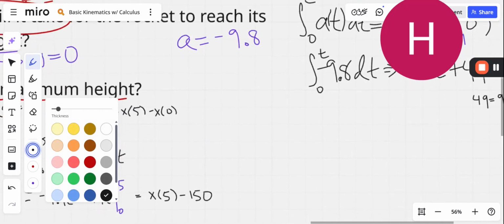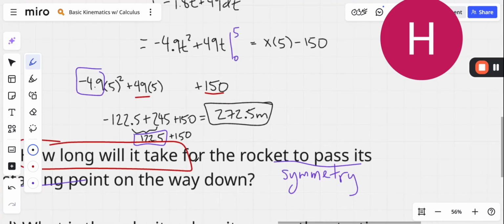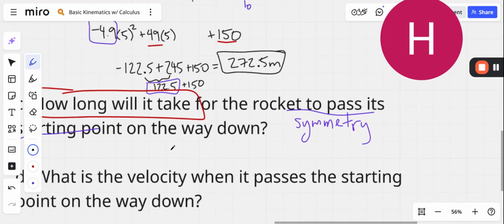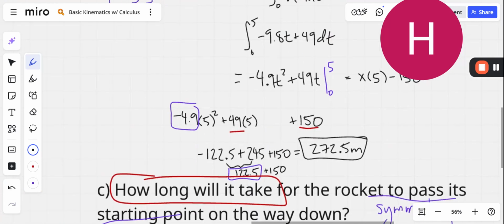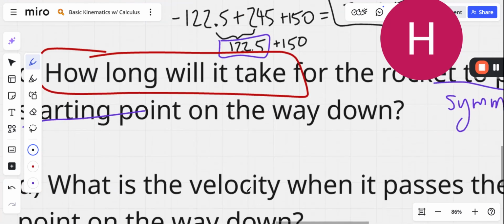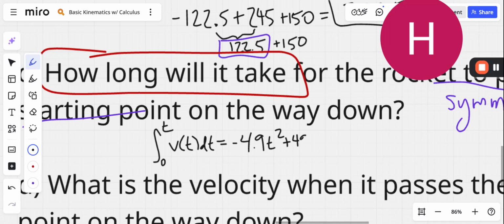Now, the other way to solve this, if we're trying to use just pure calculus and not just visual analysis, is we would take this expression, the integral of v of t. We would say the integral from 0 to t of v of t, which we know is negative 4.9 t squared plus 49t.